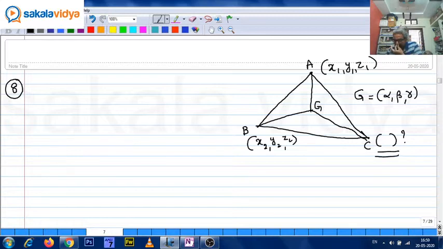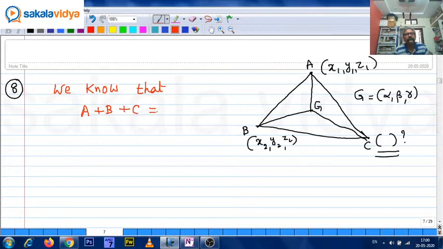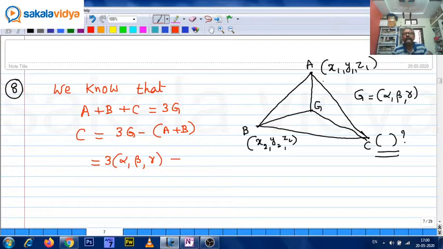How to find out? Yes, now we can find out. We know, already we had a discussion, A plus B plus C equals 3G. Now C, the third vertex, is equal to 3G minus (A plus B). So that means 3 times the centroid, that is 3 times (alpha, beta, gamma), minus the sum of these two vertices, just like vector components.